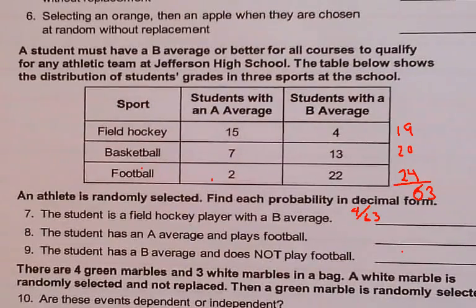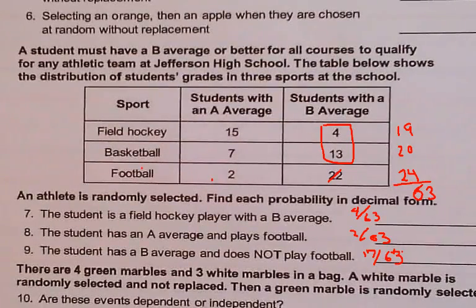I have 63 names in a hat. 2 chances out of 63. What's the probability that he has a B average and he does not play football? So you can't use these guys. A B average would be 17 out of 63.